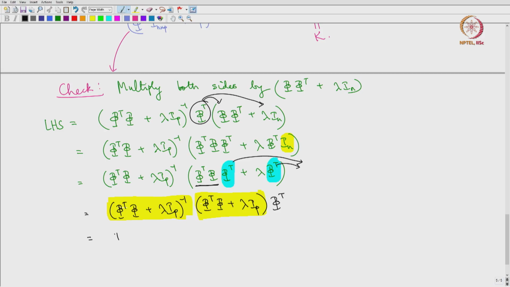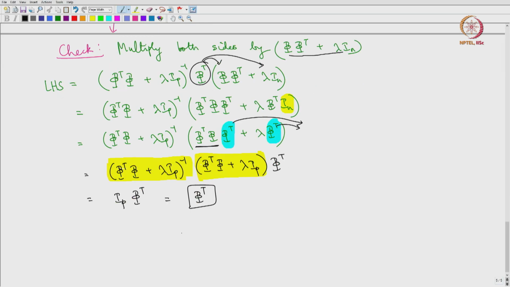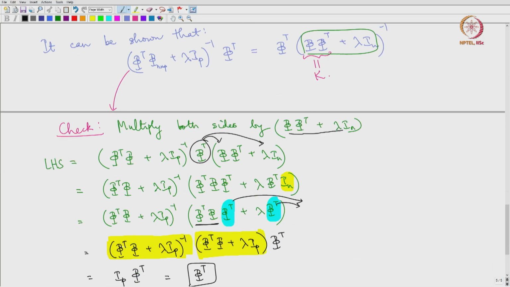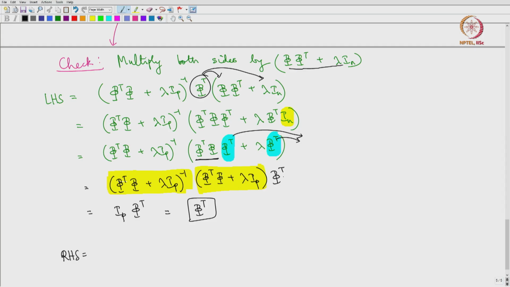So this just becomes the identity of size p multiplied by phi transpose, and of course that is just phi transpose. So the LHS upon multiplying by (phi phi transpose plus lambda I_n) is just phi transpose. Now what about the right hand side? The right hand side was just phi transpose multiplied by this inverse, and we are multiplying by this same quantity here. So the RHS upon multiplication is simply phi transpose.